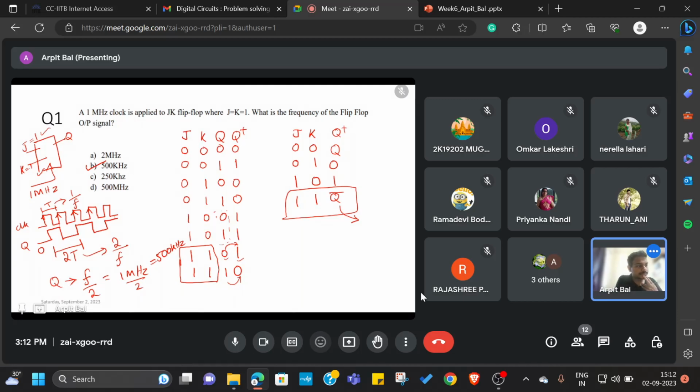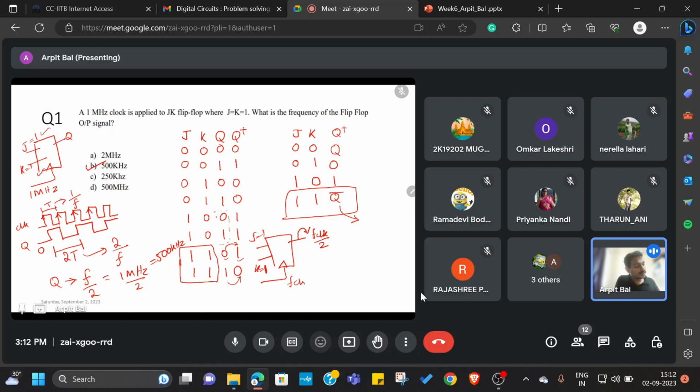Another thing is, let's say I have this particular flip-flop. Now I know that if I apply a clock here, f clock, and it is connected in this fashion, that J is equal to 1 and K is equal to 1, whatever output I will be receiving is going to be f clock by 2.